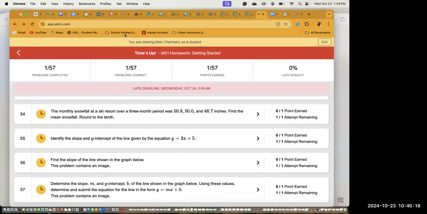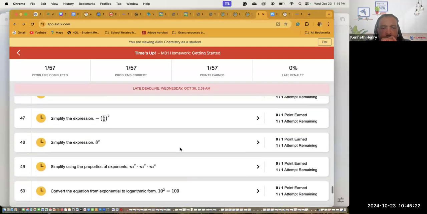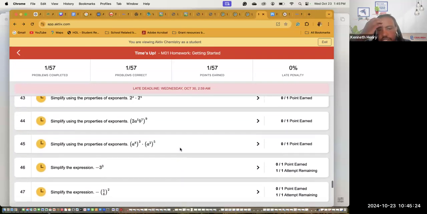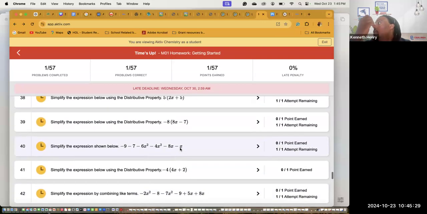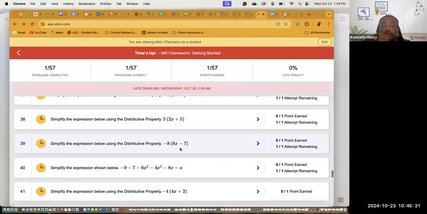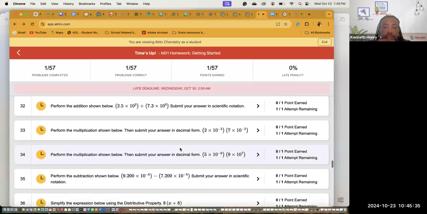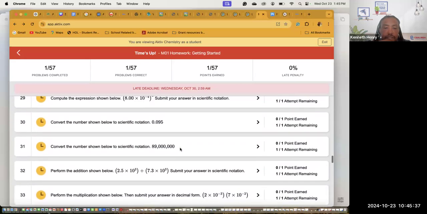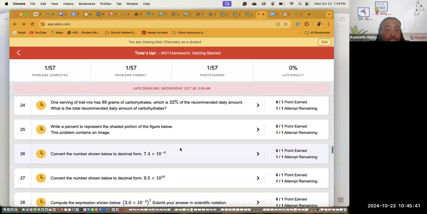There's one that asked specifically about vertical, like solve the equation vertically. I don't see it.